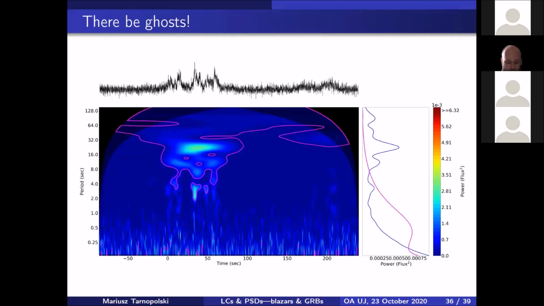And there is also a bunch of much more complicated features, difficult to interpret, all looking kind of like an extraterrestrial ghost lurking at us from deep space.